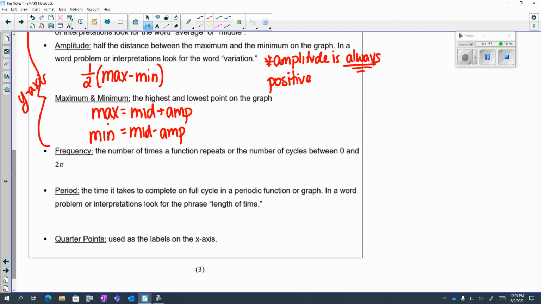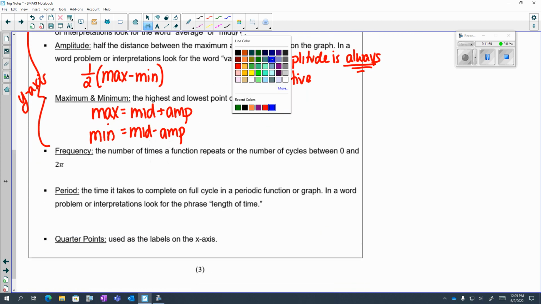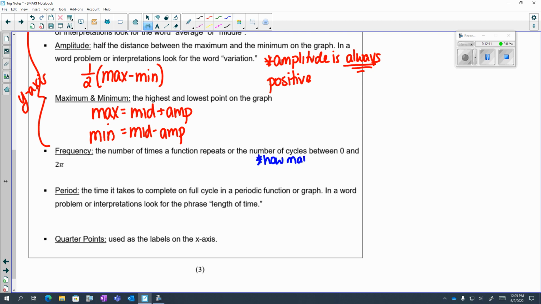So then we have frequency. Frequency is the number of times, how frequent something occurs or how frequent my pattern is. And we talk about it between 0 and 2 pi. So you should be thinking about how many for word problems. Your formula for frequency, if you need to find it, is 2 pi over the period.